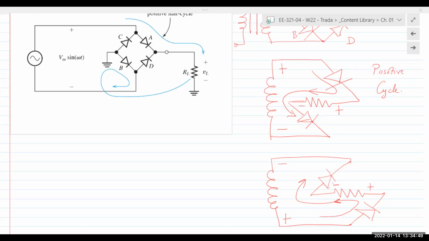Yes. We don't need the two dual source supply. That's the advantage. With the center tap one, we need a center tap transformer. No, it's exactly the same.